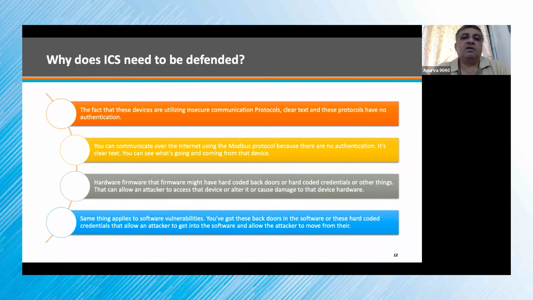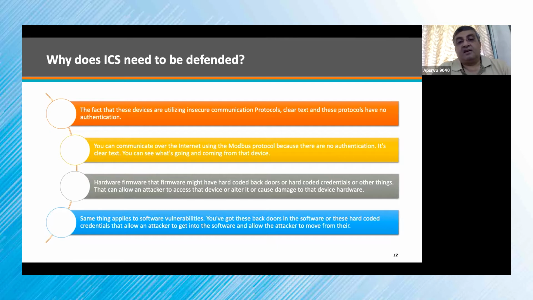If you are a threat hunter or an ethical hacker, you can use tools to look into the Modbus protocol and find out what is going in and coming out of the devices. Hence, a lot needs to be done to defend the ICS system.